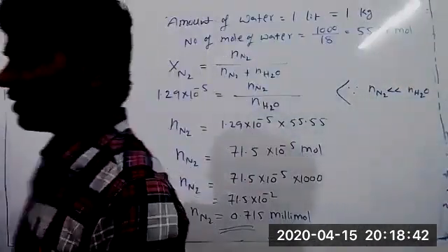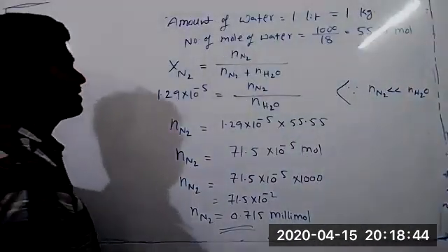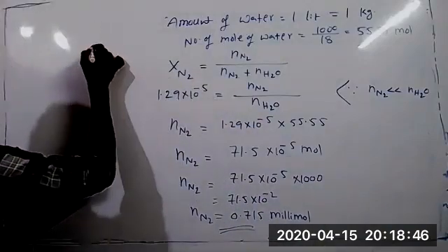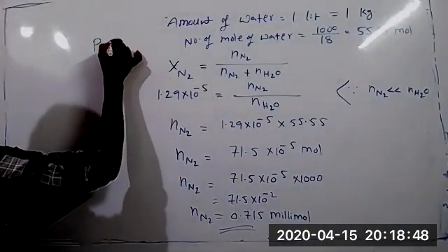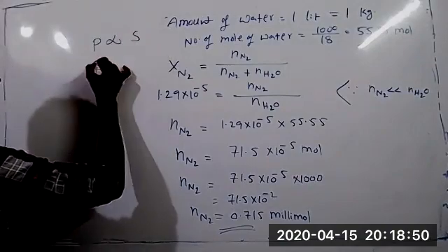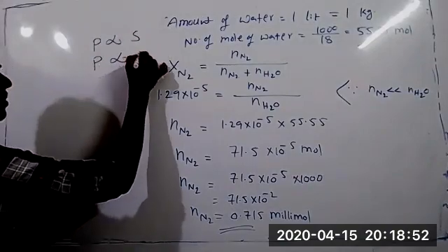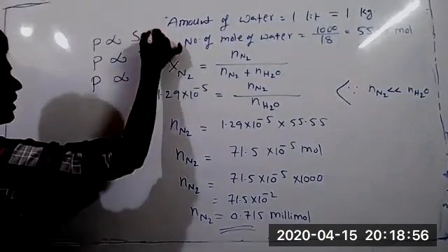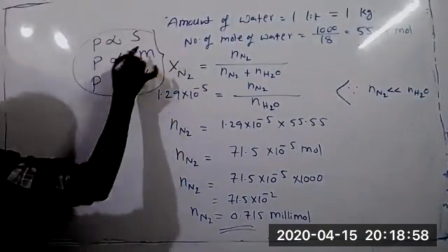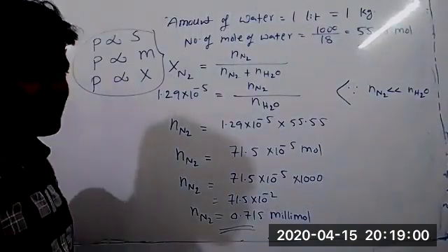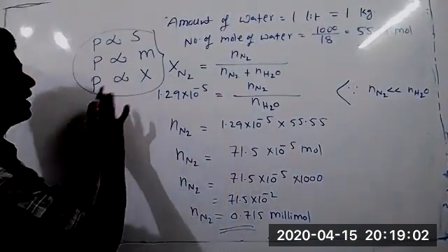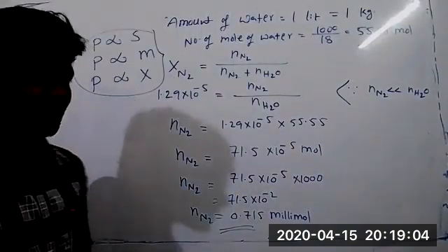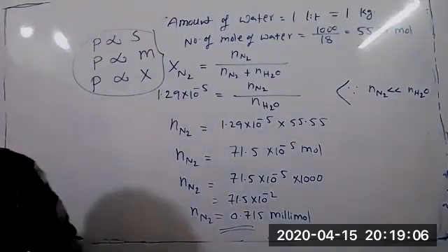You may take solubility, or partial pressure is directly proportional to mass of gas, or to its mole fraction, whatever term you take. Finally, the amount of gas in liquid is directly proportional to its partial pressure. Pressure increases, solubility of gas in liquid also increases.